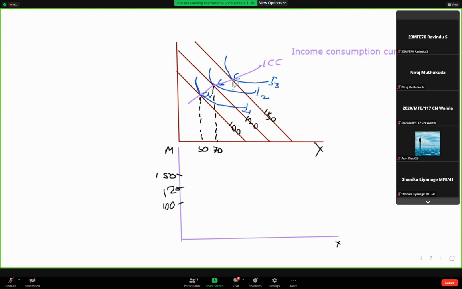Likewise, when money income increases to 150, let's say he buys 100 units.